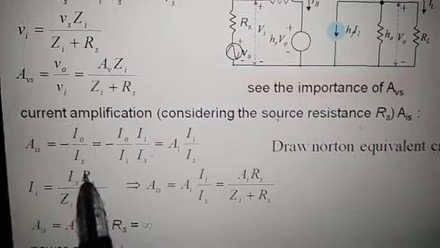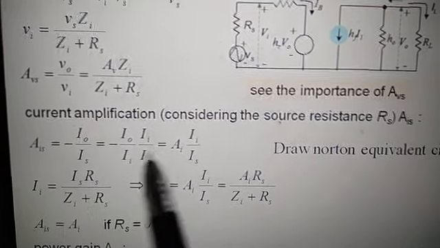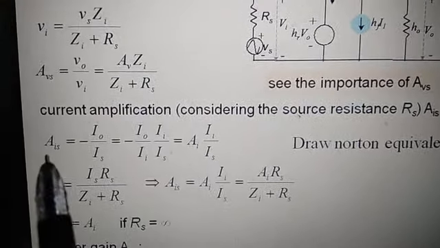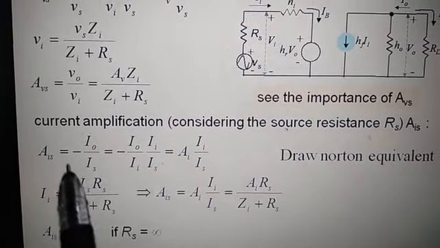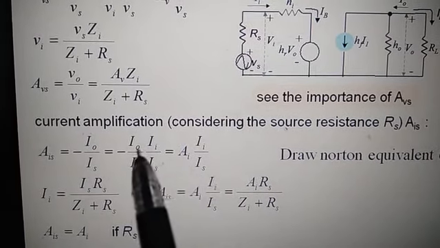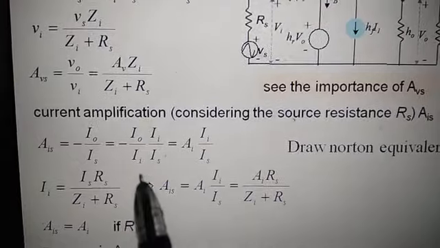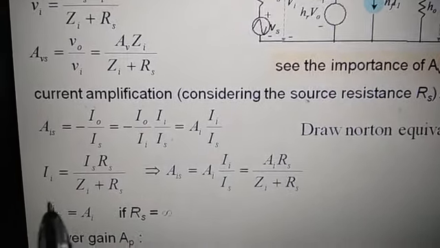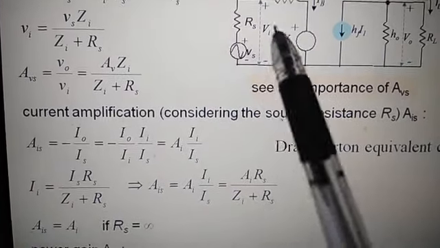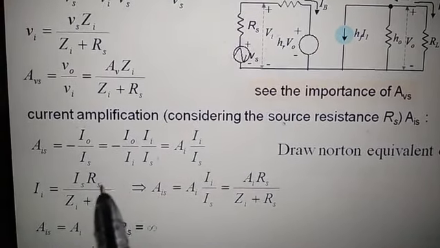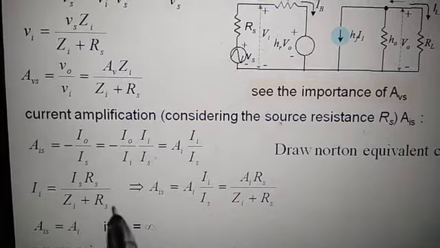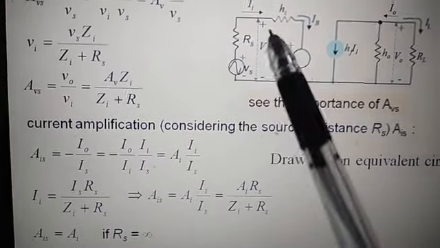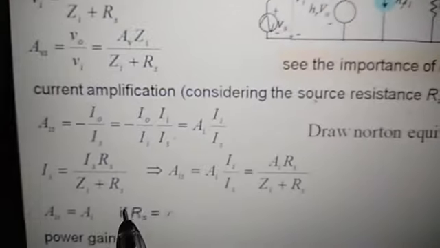The current amplification factor through the source resistance Rs is AIS. AI we have already calculated; AI is nothing but I0 upon Ii. Then we calculate Ii upon Is. Ii can be calculated from this diagram: Is into Rs upon Zi plus Rs, where Zi is the input impedance looking at these two terminals.